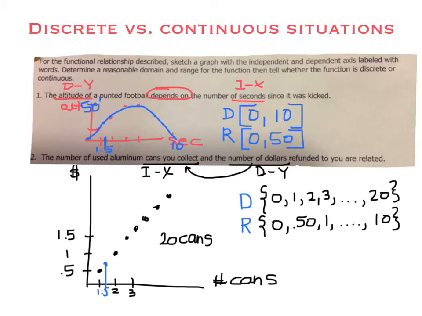Now let's talk about these huge words, discrete and continuous. It should look relatively easy. If my graph continues, it's continuous. If I have individual points like I do on this graph, this is going to be discrete.